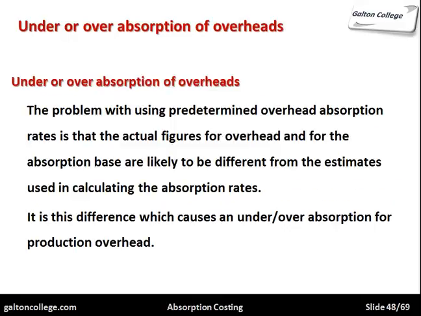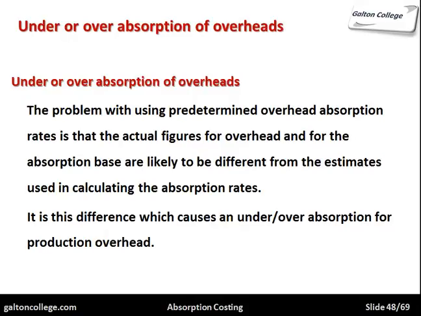The problem with using predetermined overhead absorption rates is that the actual figures for overheads and for the absorption base are likely to be different from the estimates used in calculating the absorption rates. It is this difference, I should say, which causes an under or over absorption of production overheads. Clearly, as time goes by, figures do change.